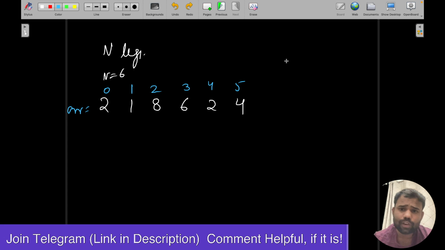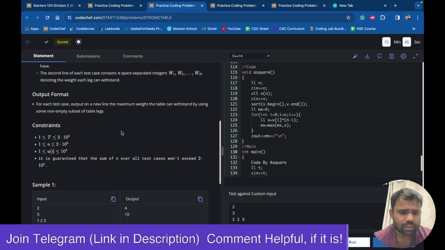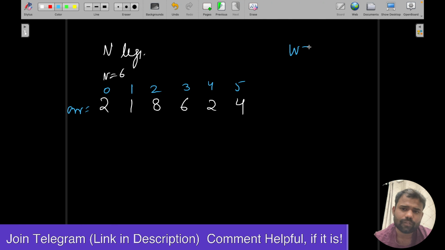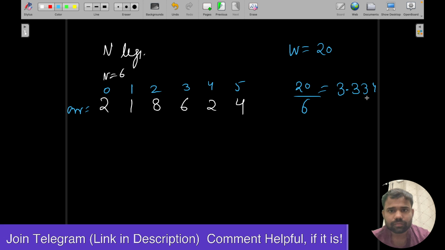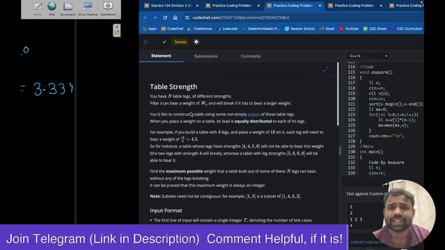Now let's say the overall weight is also given to you. For example, the overall weight is 20. So if overall we have 20 weight and there are 6 legs, each leg will have something around 3.334. But they are asking that we can select some non-empty subset of these legs.